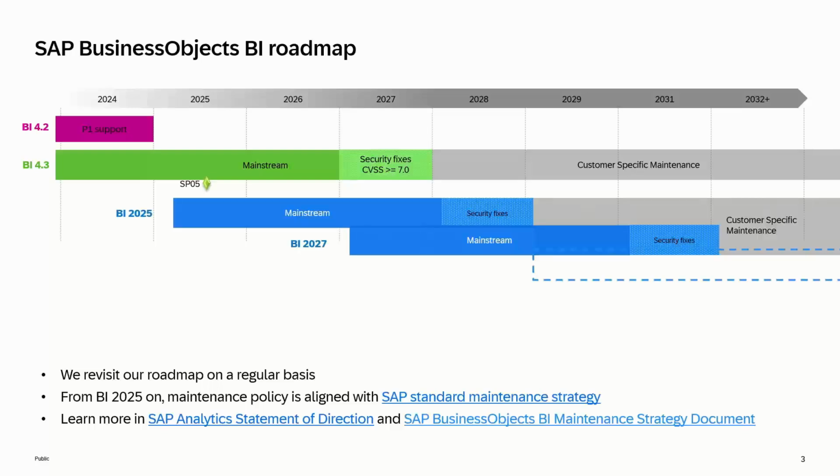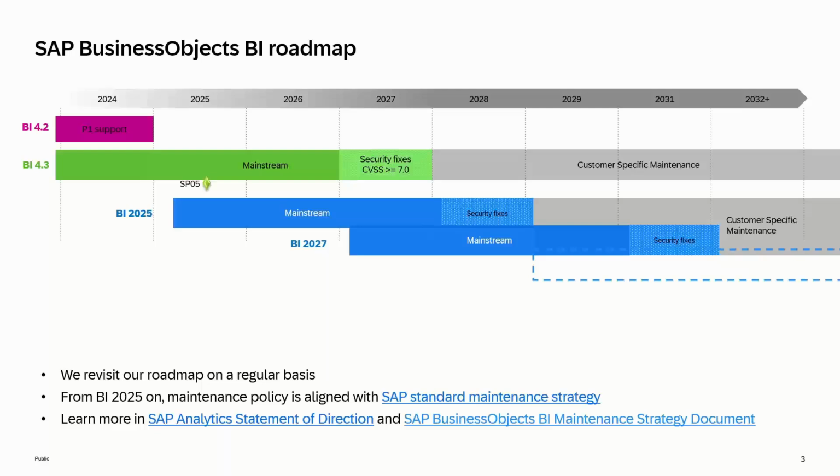Now going forward, we are introducing a new way of numbering the versions with the next one, BI 2025, followed by BI 2027 in 2 years from now. I will explain the main reason for this naming change in the next slide.